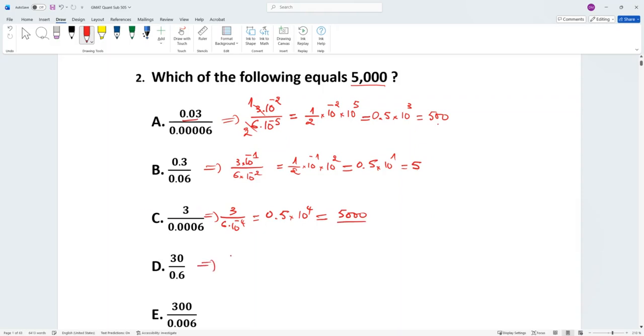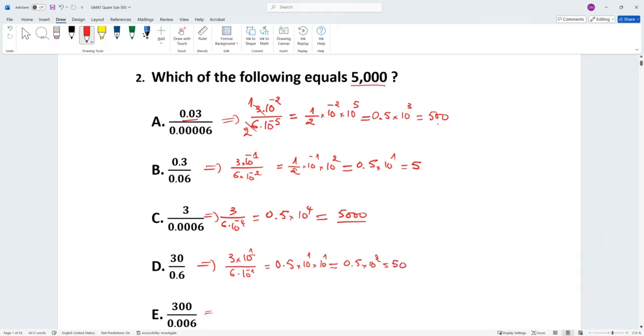But if we want to continue, we can say this is equal to 3 times 10 to the power 1, 6 times 10 to the power minus 1. This is going to give us 0.5 times 10 to the power 1 times 10 to the power 1. So it's going to give us 0.5 times 10 to the power 2, which is equal to 50.